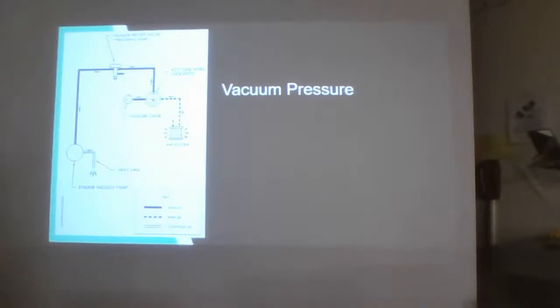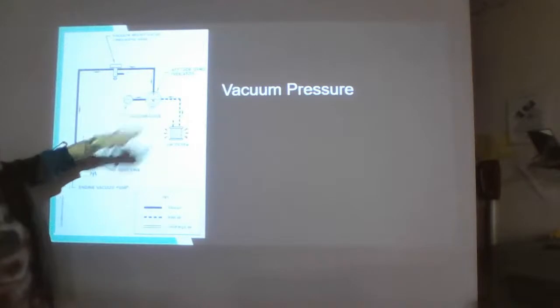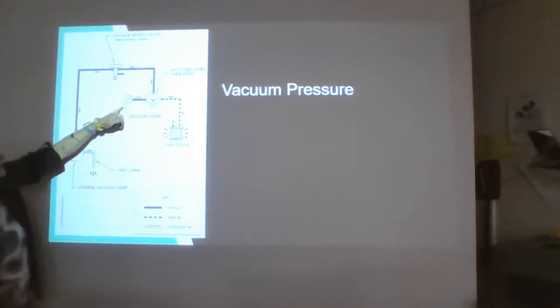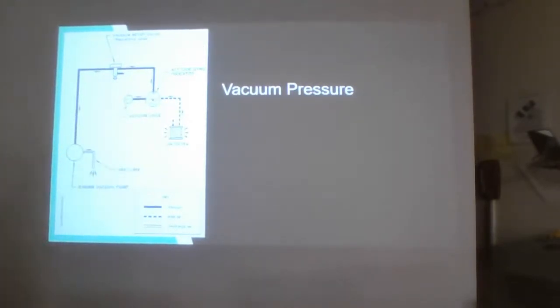So we have our engine-driven vacuum pump. Our vacuum pump has a vent line for pressure, okay? So we also have our vacuum relief valve. It has a regulating valve. Here it shows our attitude gyro indicator, our vacuum gauge, and our air filter. So we have incoming air that's filtered.